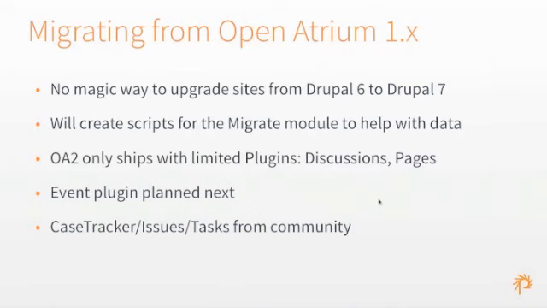If you go to the Open Atrium project page, you'll see a work tracker plugin already written for Atrium 2 to handle this. We're also not doing Shoutbox. Again, you can integrate this with whatever your favorite chat module might be. And we do have pretty extensive documentation on that site to teach developers how to write plugins.